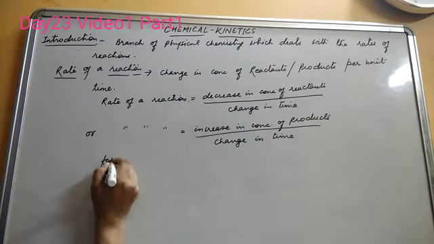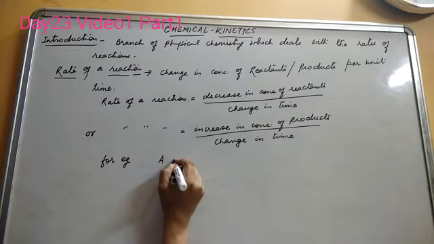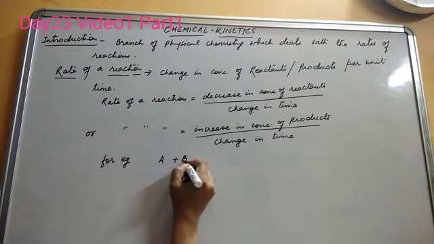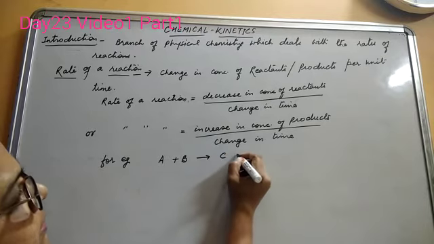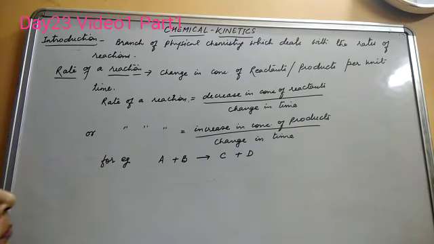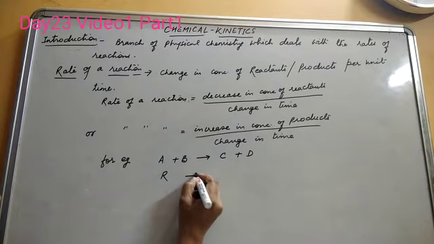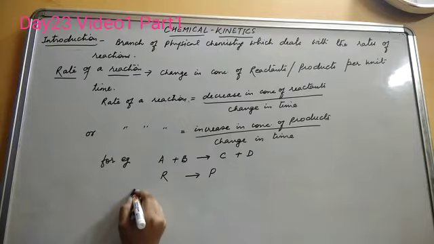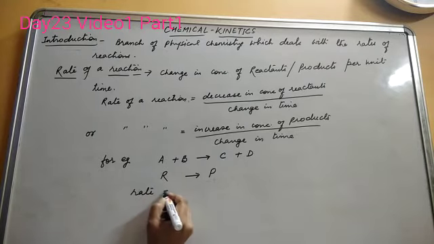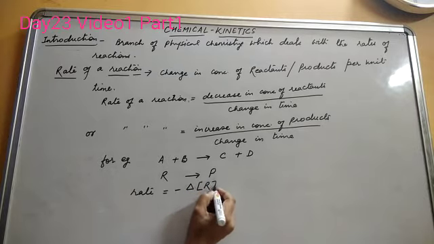For example, one symbolic reaction we can take: A plus B, they are the reactants, changing into the products C plus D. Or even more basic, reactants changing into products P. So we can write the rate of the reaction as minus change in concentration of reactants.